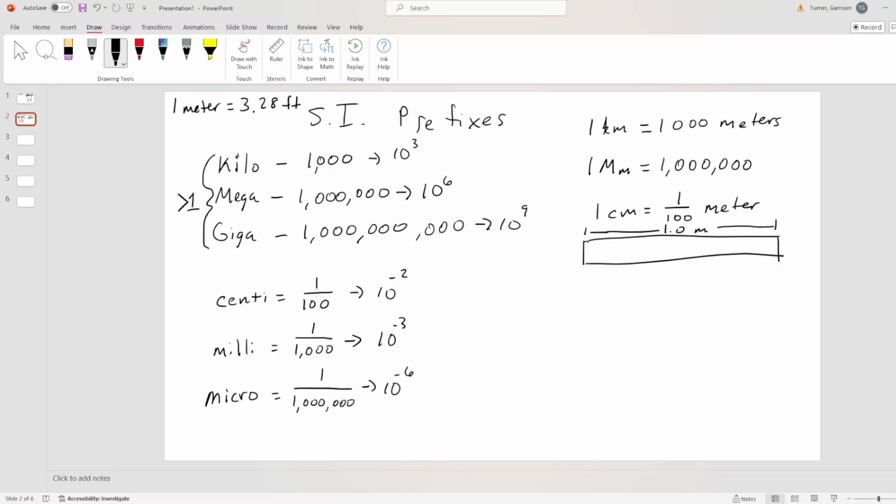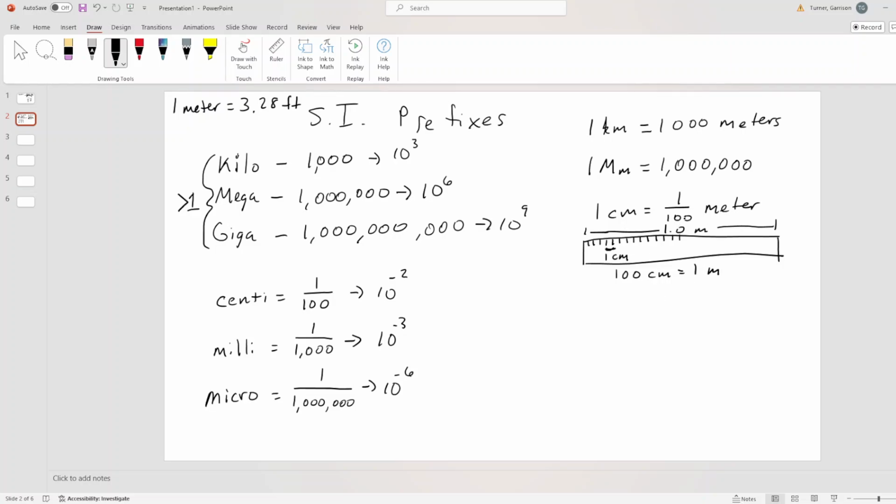Then there would be 100 centimeter markings along the meter stick, such that the length between any 2 centimeter markings was 1 centimeter. Okay, so what this means is there's 100 centimeters in 1 meter.